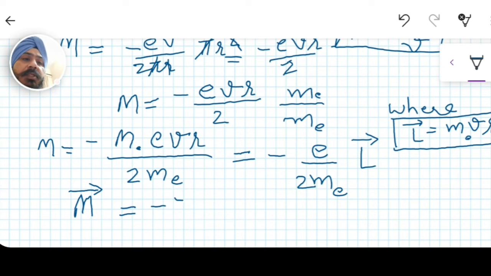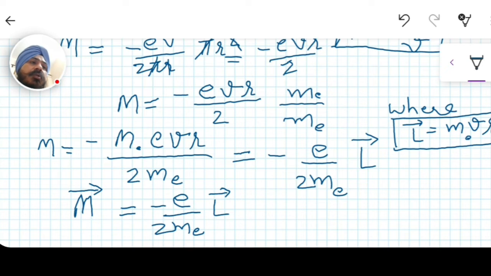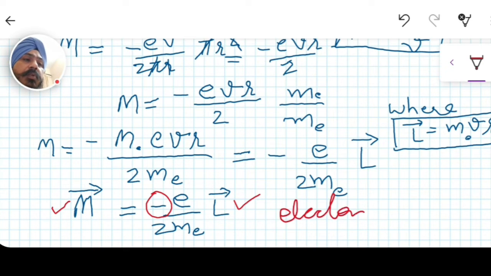So it is minus e upon 2 m e into vector L. Clearly the negative sign shows that the angular momentum is opposite in direction to the magnetic dipole moment, because here we are dealing with the case of an electron, which is a negatively charged particle.